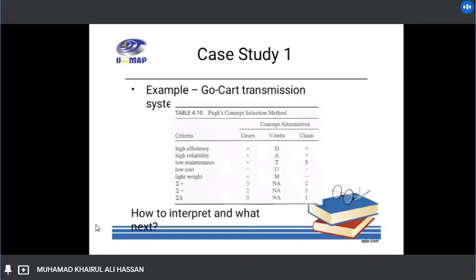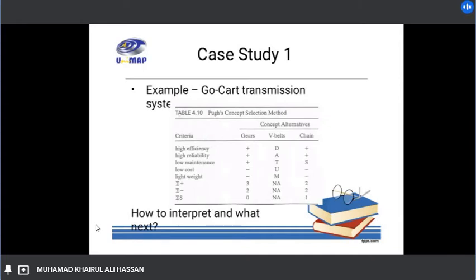For example, they use a V-belt as the datum or reference, and then compare it with a gear and a chain method. In the gearing system, the efficiency is plus. Chain also plus. High reliability, if you use a gear system, they say it is good or positive, and low maintenance also plus.